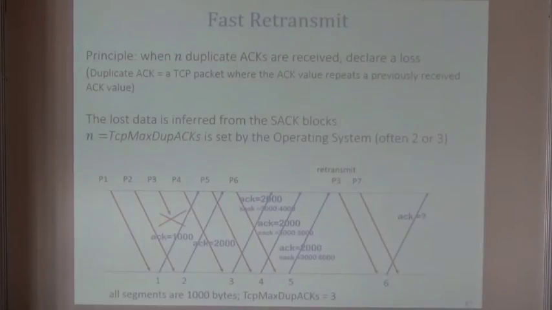But for most applications that send a large number of packets, losses tend to be isolated and will be repaired in this way, which means in particular, the time until you repair it is auto-clocked, meaning if your connection is very fast, if the packets are streamed very fast, then the time to recover will also be very fast. If the connection is slow, this time will be slow. So you have an automatic adaptation which comes for free.